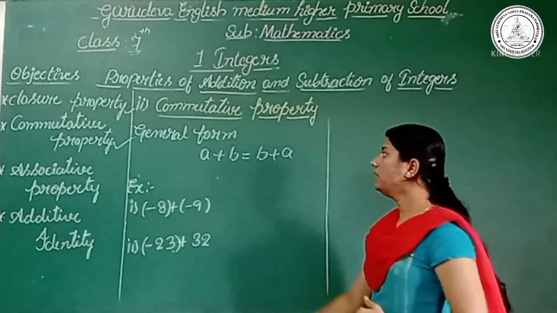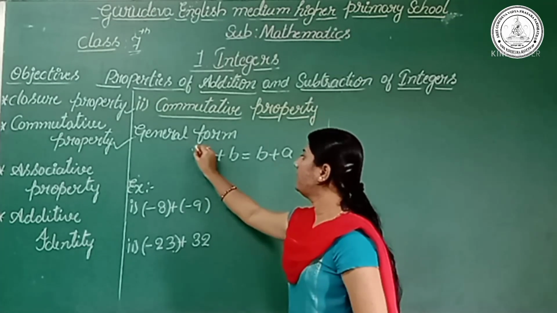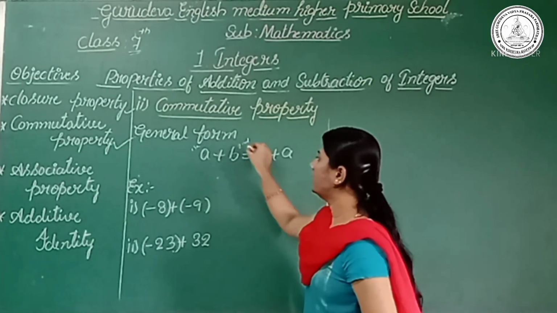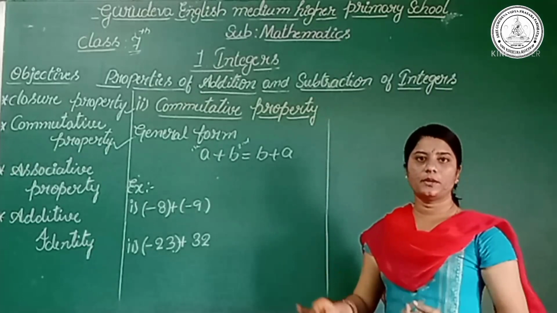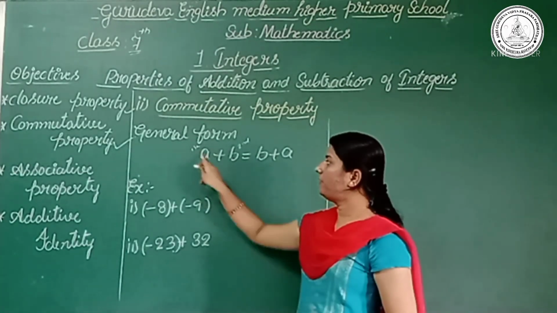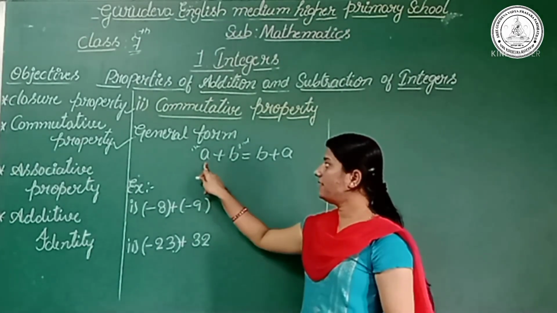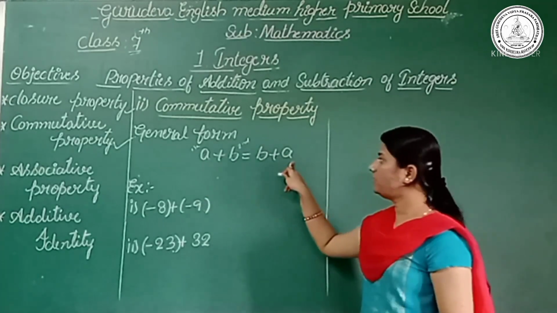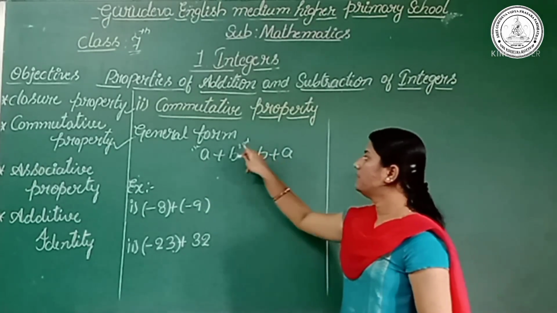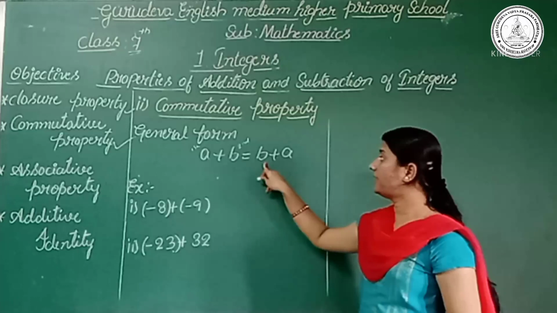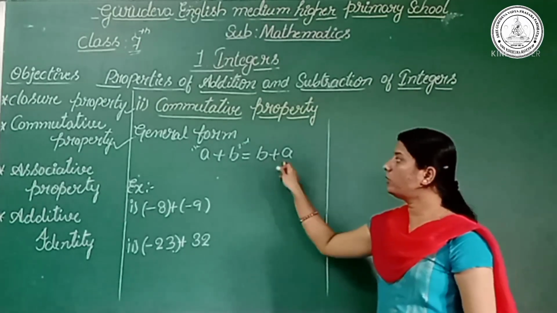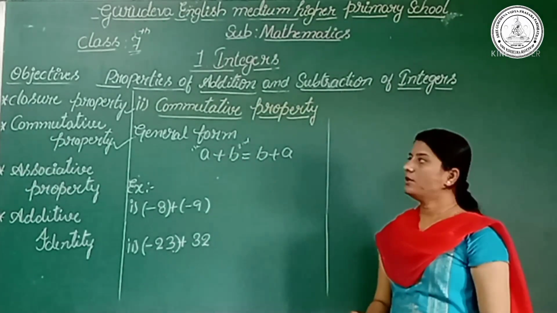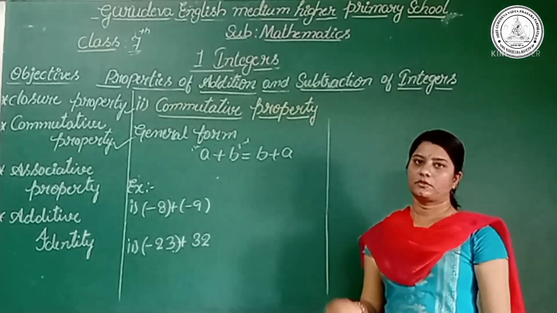You may see here a is in the first order and b is in the second order. We change the order, and we will get the same sum. So this is the commutative property.